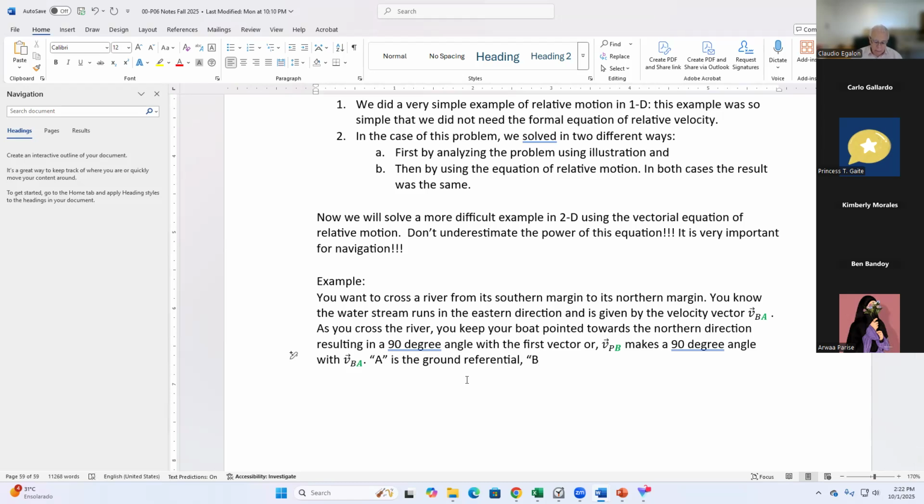B is the streaming referential. And P is your boat, or the referential of your boat.